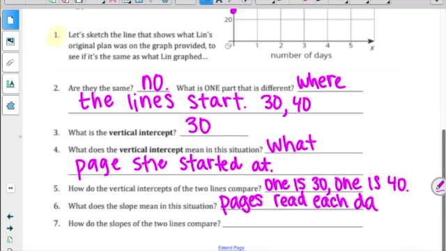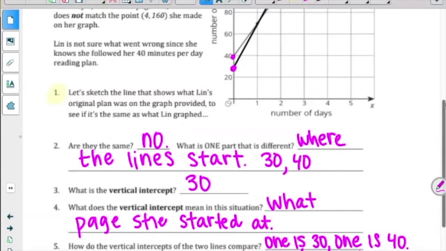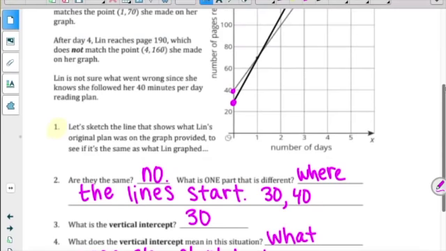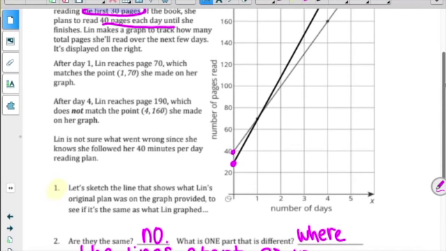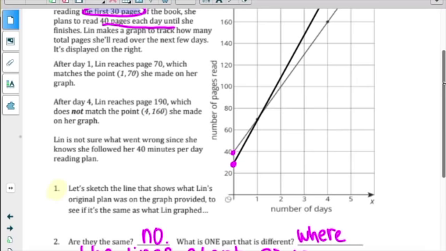And number 7, how do the slopes of the two lines compare? Well, we'll have to go back and take a look at Lynn's graph, because we haven't looked at the slope of that one. I do know it's not the same as ours, though. Lynn's graph has 3 points on there. It started at 40, and the vertical change, the numerator, went up to 70.